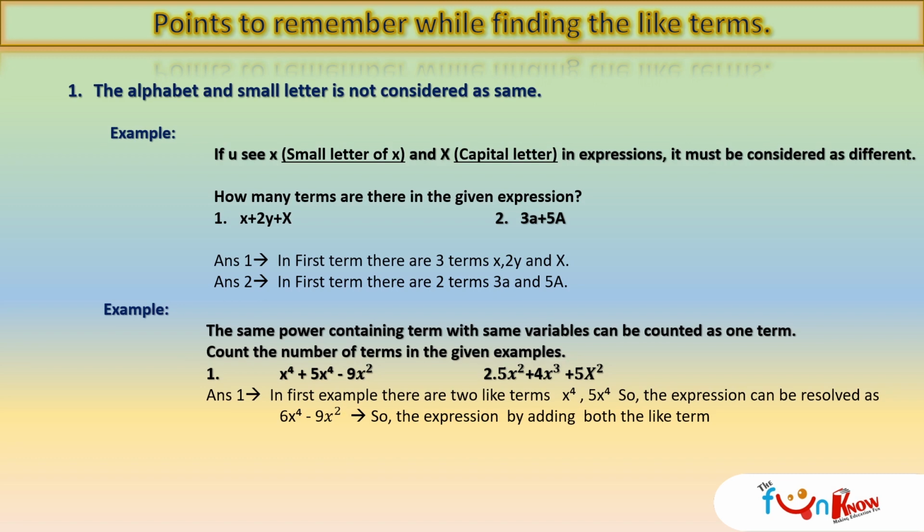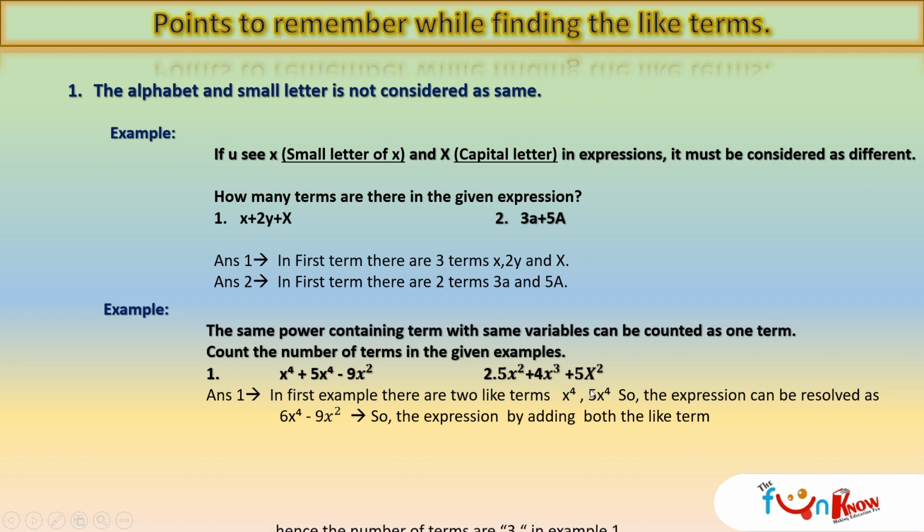That means as per our point number 1, this term 5x squared and this term 5X squared are different, because small x will be considered a different term, and 5X squared, which is capital X, will be considered a different term. So now if there is a question to count the terms in this expression, you can say 5x squared is one term, 4x cube is another term, and 5X squared, which is capital X, is another term.